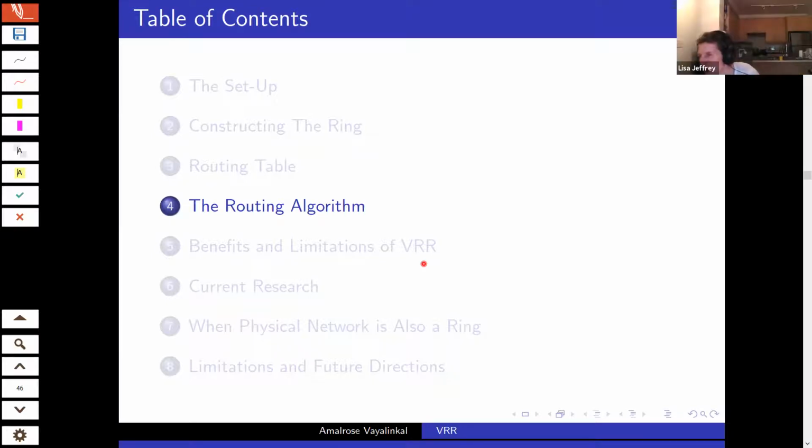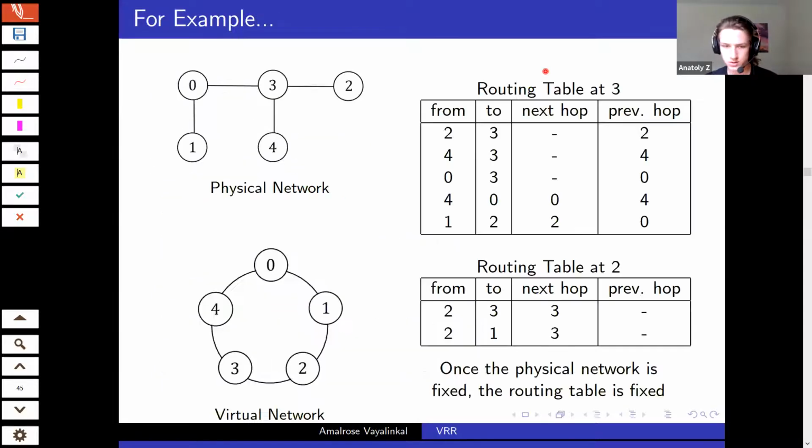Sorry, there's another question in the chat from Anatoly. Do you want to ask your question? Yeah. So in the routing table example on your previous slide for 2, you had an entry from like 2 to 3 and 2 to 1. Does it really make a difference as to like, could I have from 3 to 2 or 1 to 2? Yeah, you could. It's sort of why I did it backwards in this example versus this example.